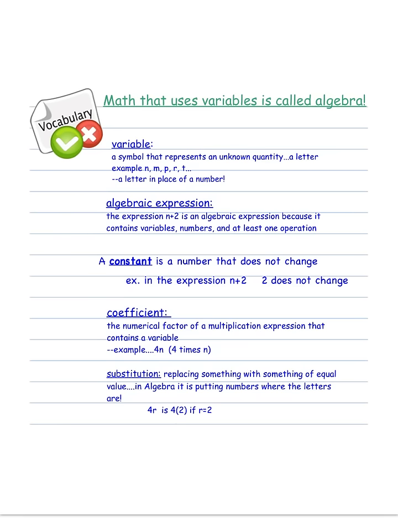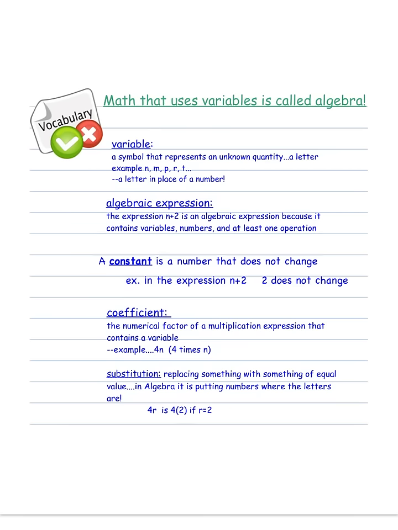Our next word, a constant, is a number that does not change. So looking back at our last algebraic expression, the n plus 2, the number 2 does not change. That is constant. It always will be 2. Whereas our letter, so our variable, that could change, but the 2 is always staying the same.